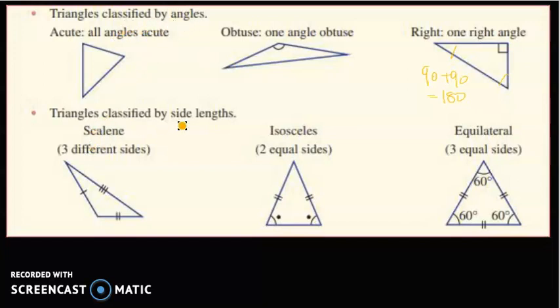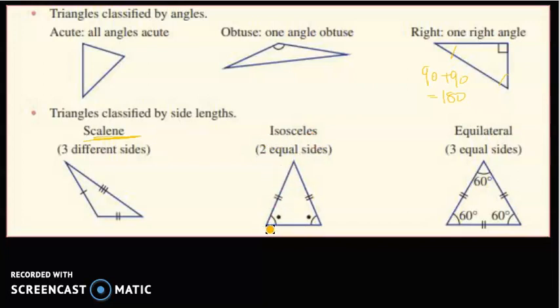Similarly, we classify triangles also based on their side lengths. If a triangle has all its sides different in length, then we call it a scalene triangle. All the sides are different in their measurement. In any triangle, when two of the sides have equal measurement, then we call it an isosceles triangle.